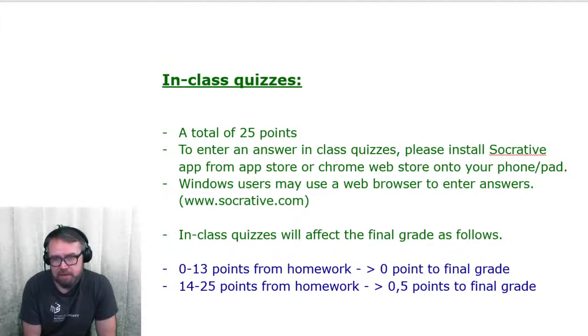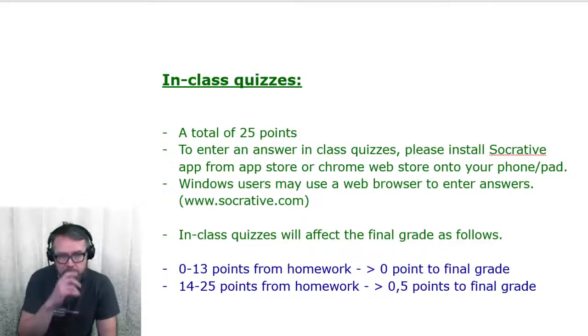So that's how it goes. And those of you that are not familiar with my teaching style, which I hope that each of you are already familiar with, you can answer the in-class quizzes by logging into Socrative. And the way you can log in is by using your student ID number. So you need to know your student ID number. And yeah, that's it. That's how it works.